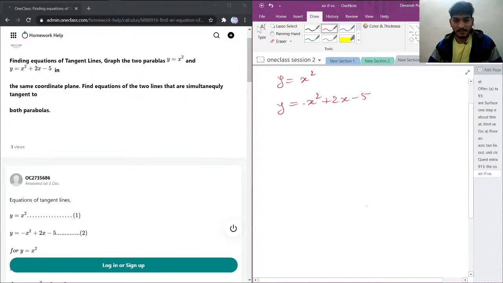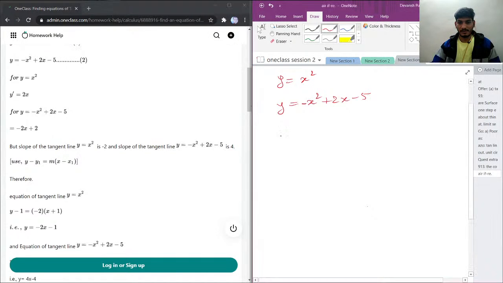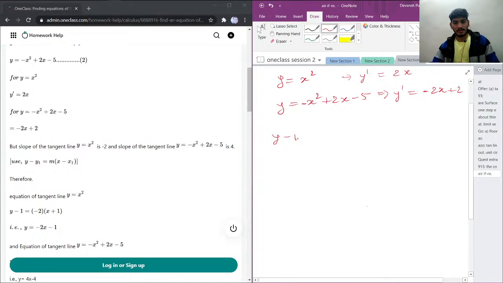I'll just write a minus sign here so that we get opposite directions, and then we'll take the derivative. So for this we have y prime as 2x, and for this we have y prime as negative 2x plus 2. Then we'll just use the equation. So we'll go for y minus 1.